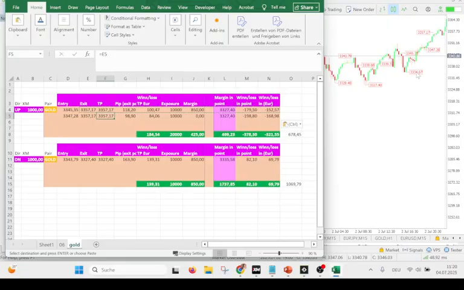But let's say from here it would go down here again to this point. Then you would have a pip loss double. So around 200 doubles. So this is very tricky when you think you're in a good trade to say I open another position because I am right.